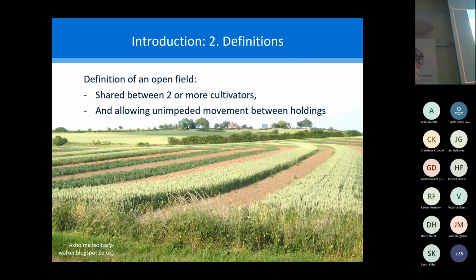So, definitions of open fields. We don't often see a definition, and I think they're important. It's a field that's shared between two or more cultivators in such a way that you can walk from one holding to another without impedance. And that is an important conceptual practicality. How do you manage something like that in practice?